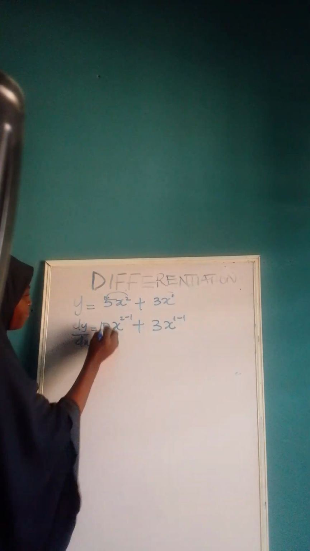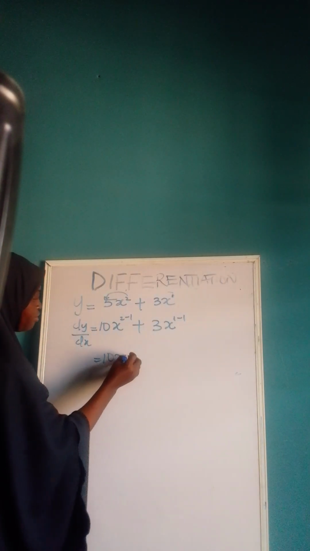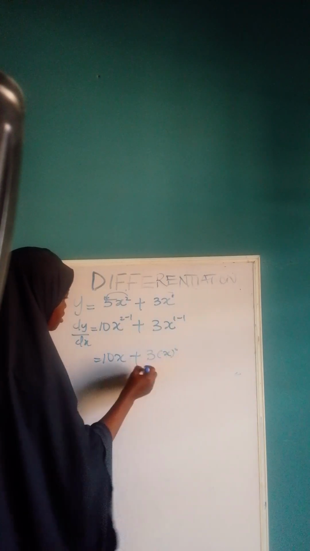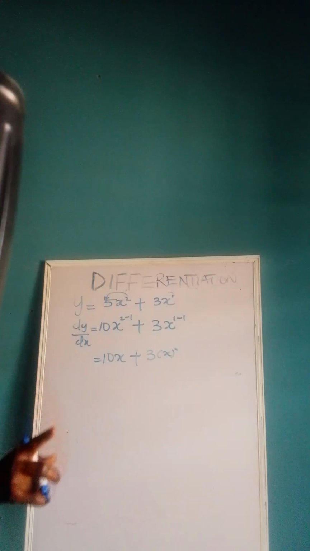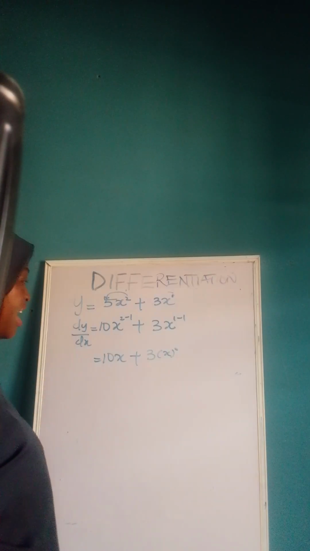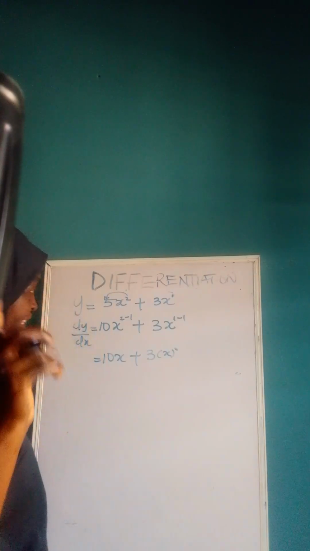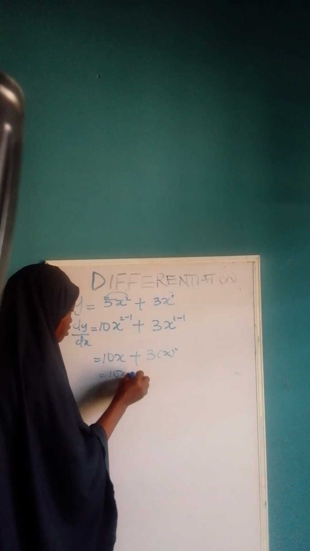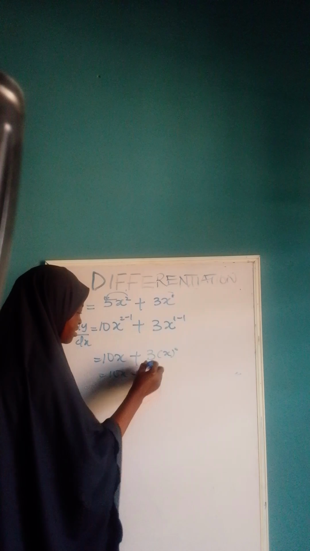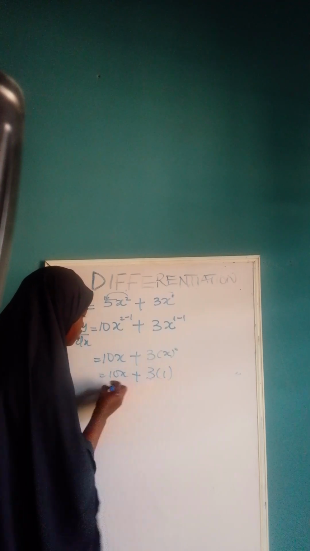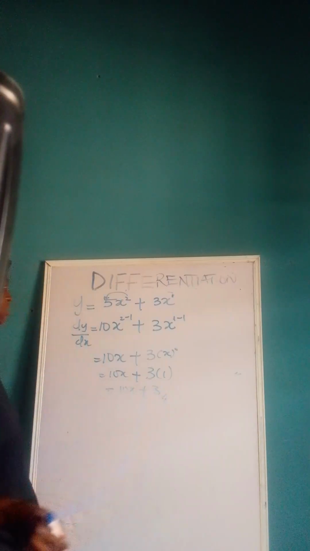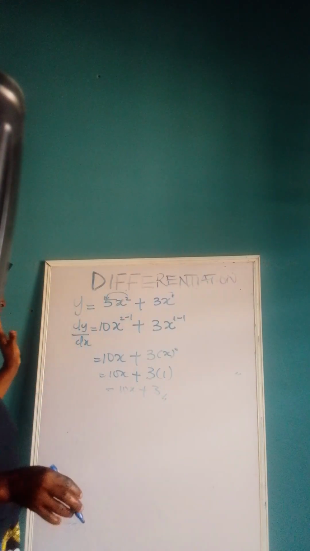So here we have 10x plus, and here we have 3x raised to power 0. And any letter that has the power of 0 is equal to 1. So it means 10x plus 3 times 1. So we have 10x plus 3. So that's the derivative of 5x squared plus 3x.